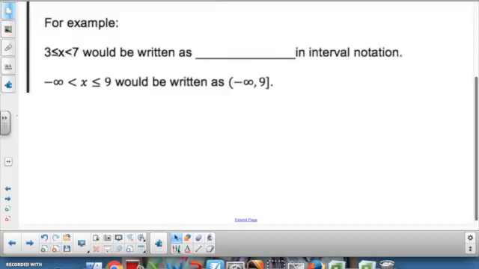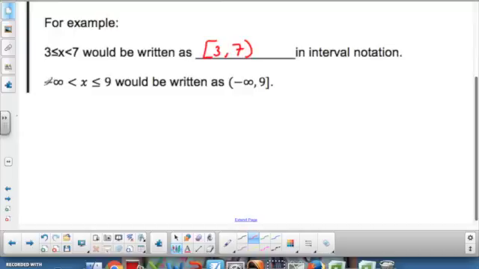If I were going to write that in interval notation, I would write a bracket for 3 and then a parenthesis for 7. Anybody looking at that would know that you're talking about a set of numbers that starts at 3 and includes that 3, because we've got a bracket, and it goes right up to right before 7 but doesn't actually include it, which is what that parenthesis tells us.